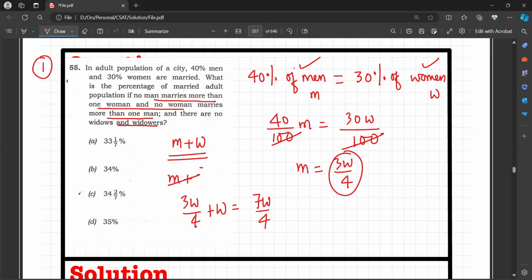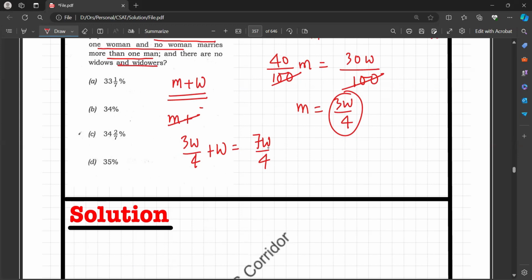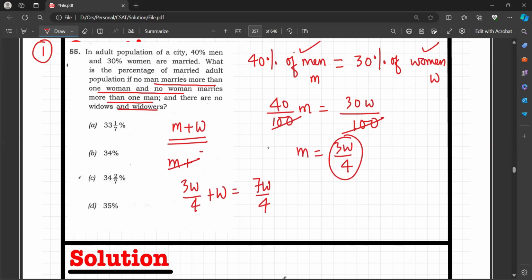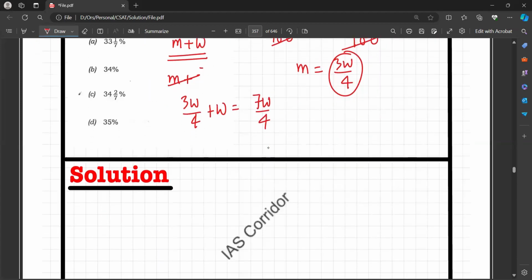With 3W by 4 as the total number of men with respect to women, how many men were married? 40% of the men. Let us see the question first. Now the question is, what is the percentage of married adult population? Adult. So what is 40% of M? Can I write 40 by 100 into M, which is 3W by 4, of the total population. This is only men.